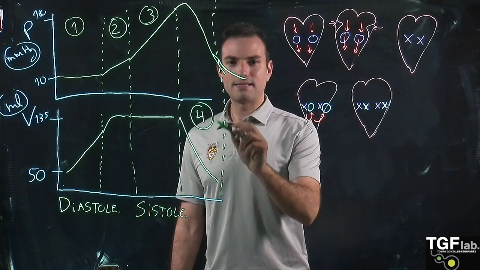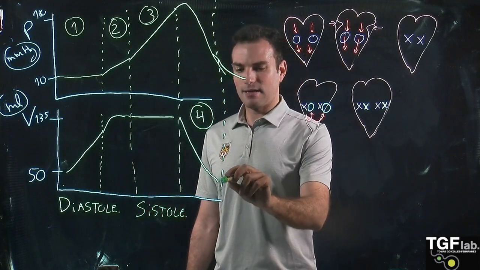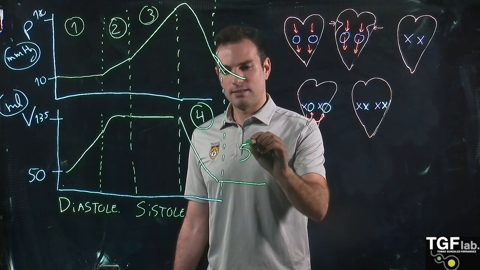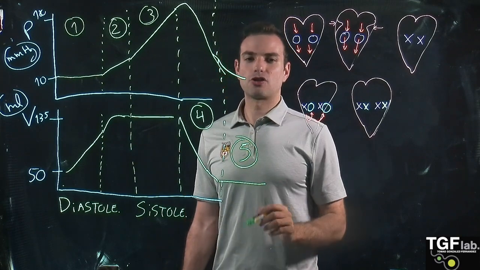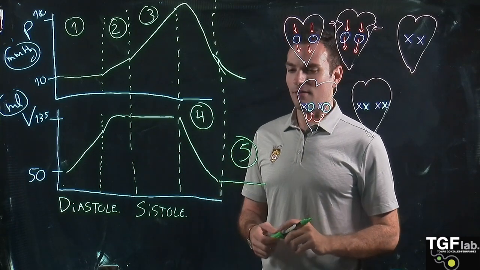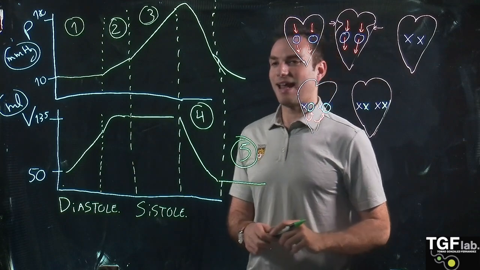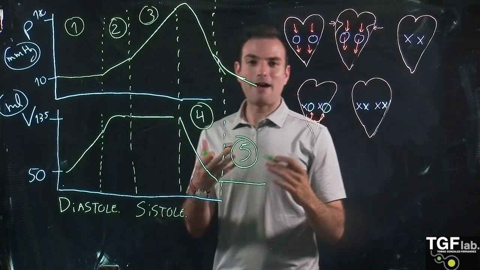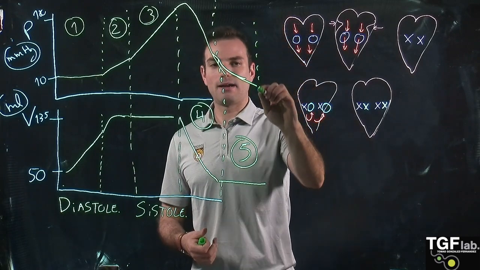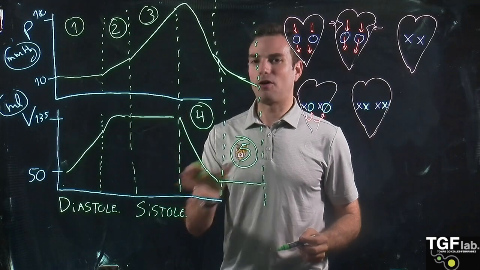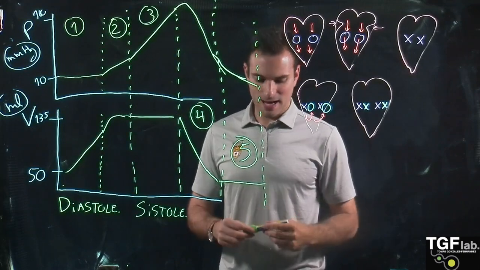So the volume is not going to change because the blood is not going to flow. And because the volume doesn't change, this phase is called the phase of isovolumetric relaxation. And the pressure finishes going down. After this phase, it will be the end of the systole, and then we go back to the diastole, and the whole process will be repeated again.